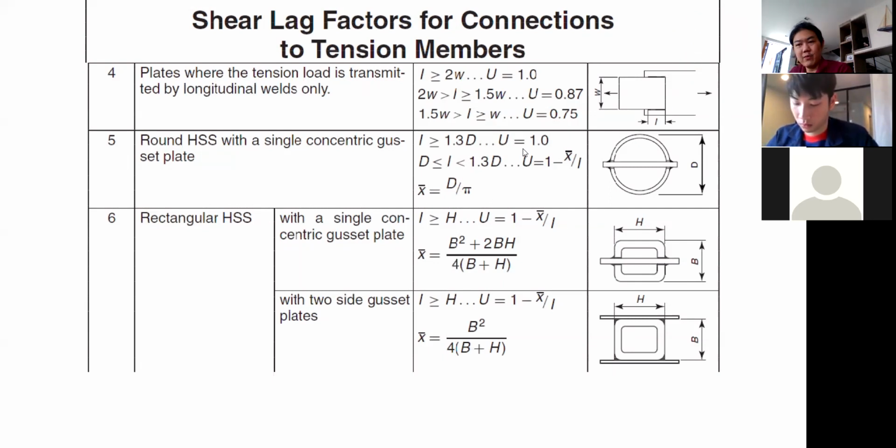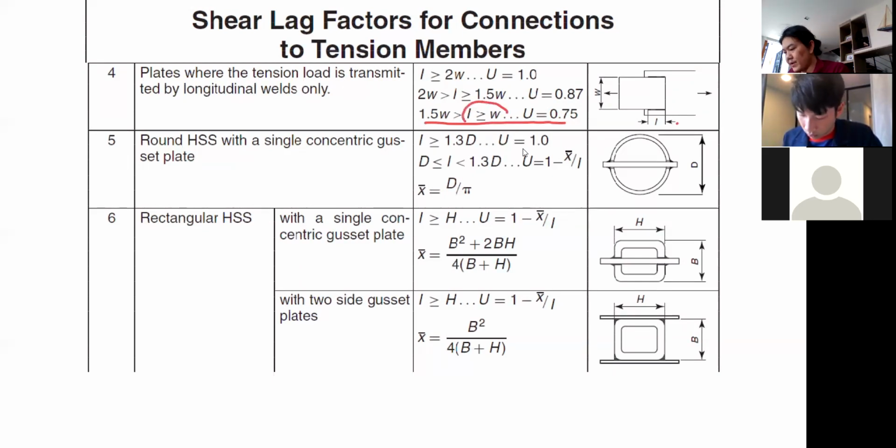So the numbers that they give here mean the following. If you weld on both sides in the parallel direction to the force, you're going to have 3 of this value. But you don't go beyond this. You don't go beyond L, which is the length of the weld here. W becomes the width of the plate, or the distance between the 2 welds.